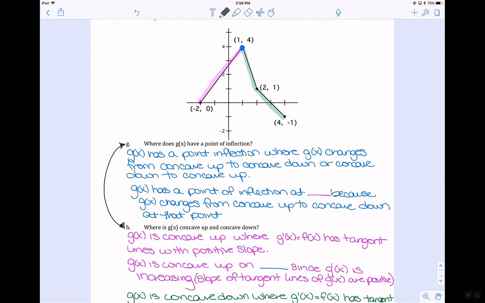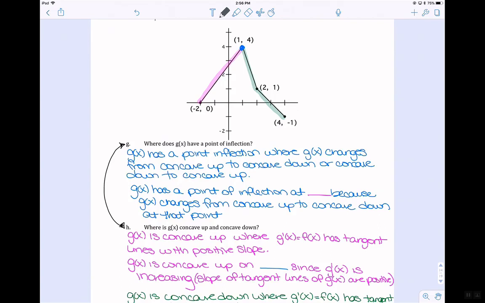This is where the definition kind of changed a little bit, and you have to remember what I said in the previous unit where we defined concavity. So a function is concave up if f prime is increasing, meaning if I were to put tangent lines along the graph of f, and those tangent lines had positive slope, then the function would be concave up.